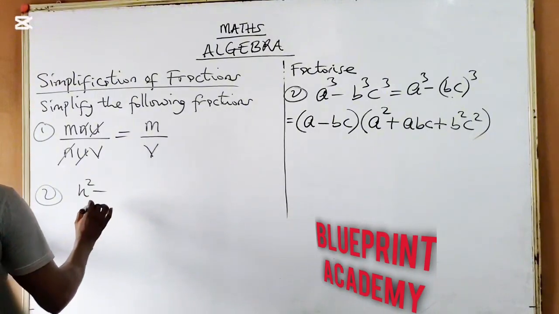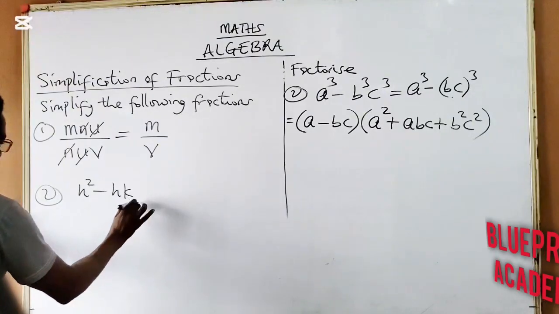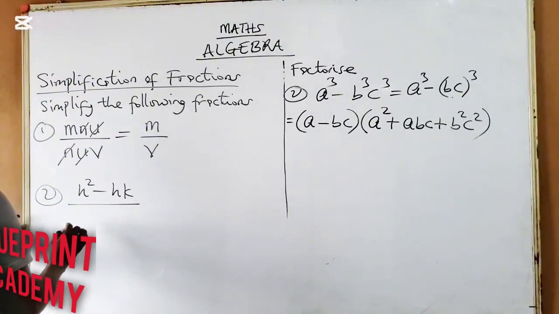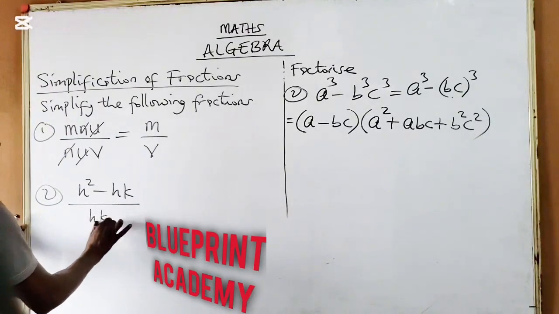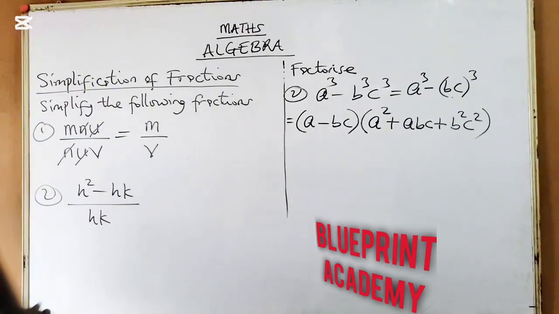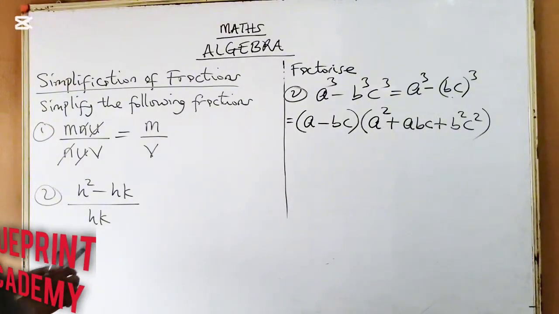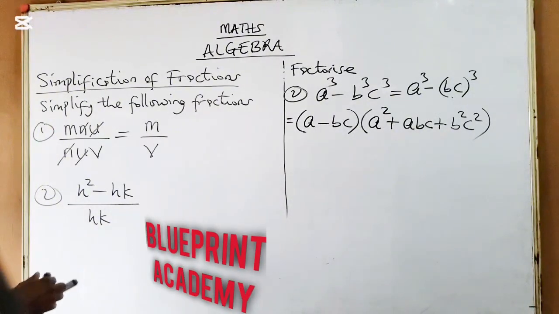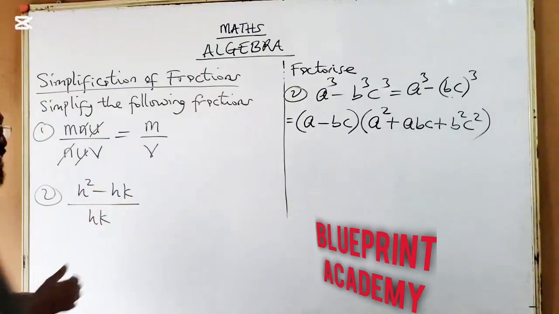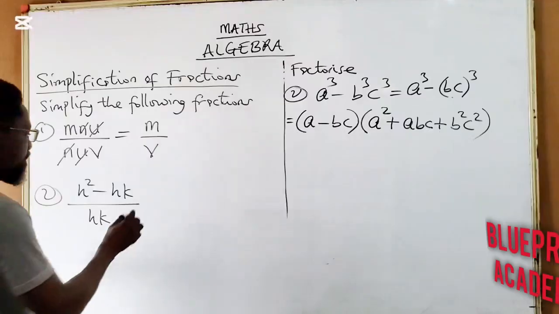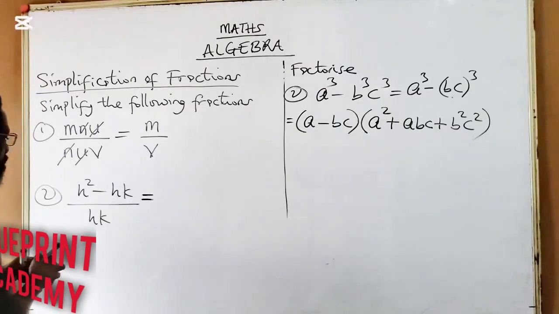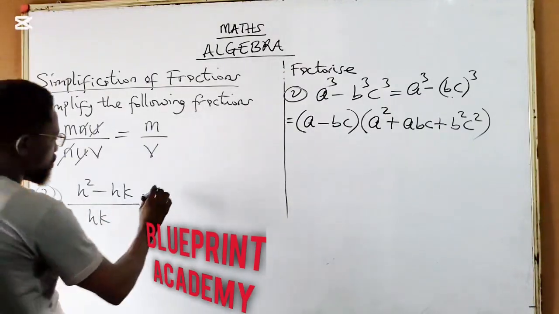h squared minus hk all over hk. Now, if you want to simplify this type of fraction, the first thing you have to do at this particular point is to bring out a common factor. If I bring out a common factor in the numerator, what is common here and here is h.